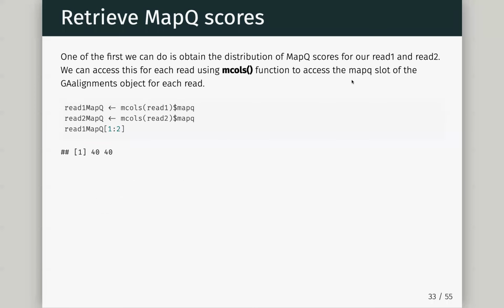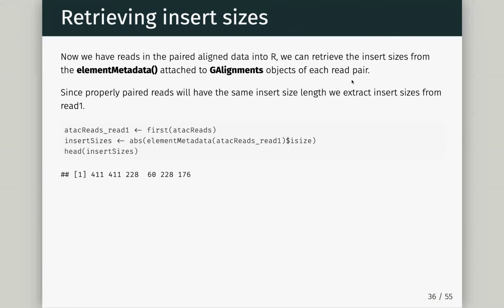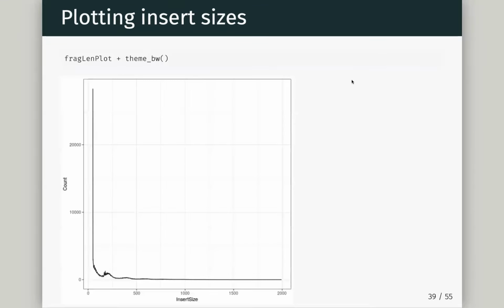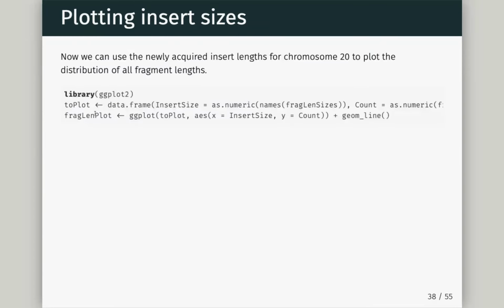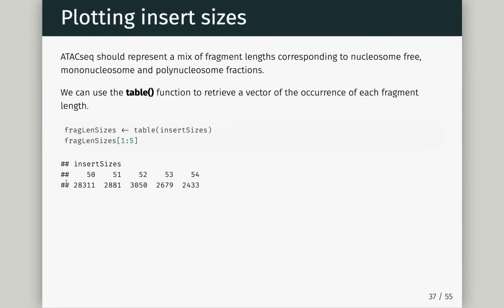And that was actually the next thing which they did in their paper, and it's the next thing we can do to check quality. We just need to pass this now to ggplot. So we'll do library ggplot, data frame, and we'll create an insert size column of our fragment length sizes. I do as.numeric on the names here because the name of a vector, even though these look like numerics, is always a string.